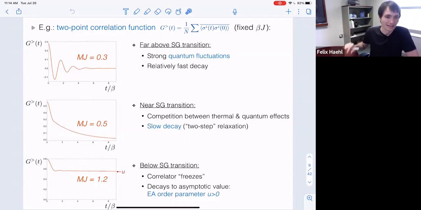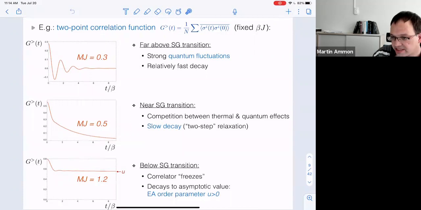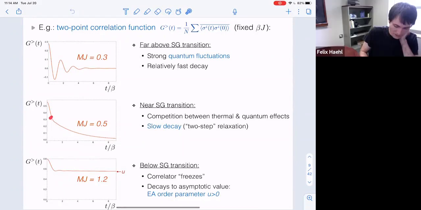Does the time scale where this change happens between the two behaviors also get pushed to larger times, or does it approximately stay the same? I think this time scale is like some order 1, or some time of order beta. Well, yeah, I think so.